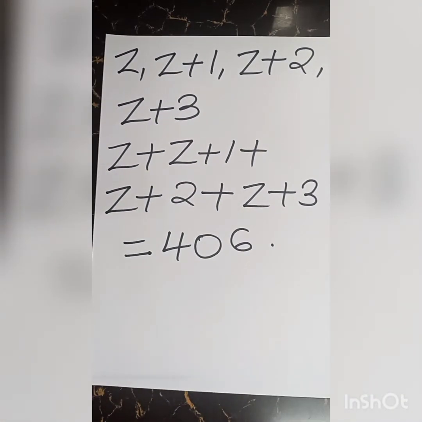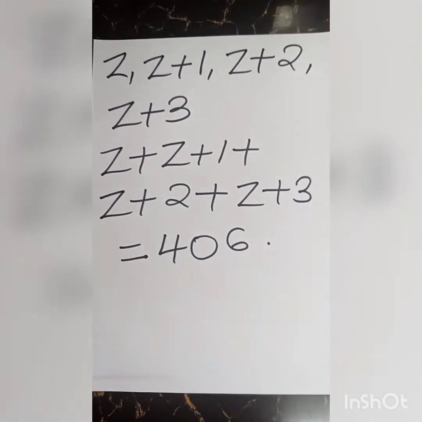Just like we did in the first question, we need to collect the like terms together, that is, put the letters on one side and the numbers on the other.